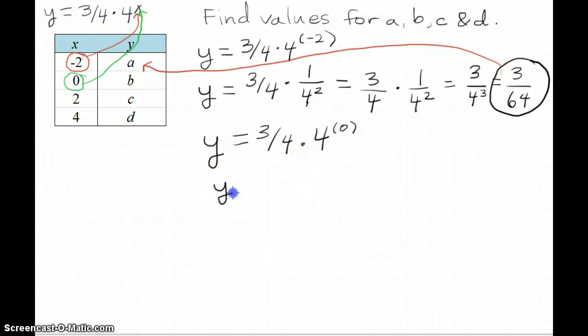Now, another great exponent rule that makes our life a lot easier here is that whenever we raise something to the 0 power, we know that it's equal just to 1. It doesn't matter. This could have been 4 or 4,000 or 99. Whenever you raise a number to the 0 power, it just gives you 1. So y is equal to 3/4 times 1, or 3/4.